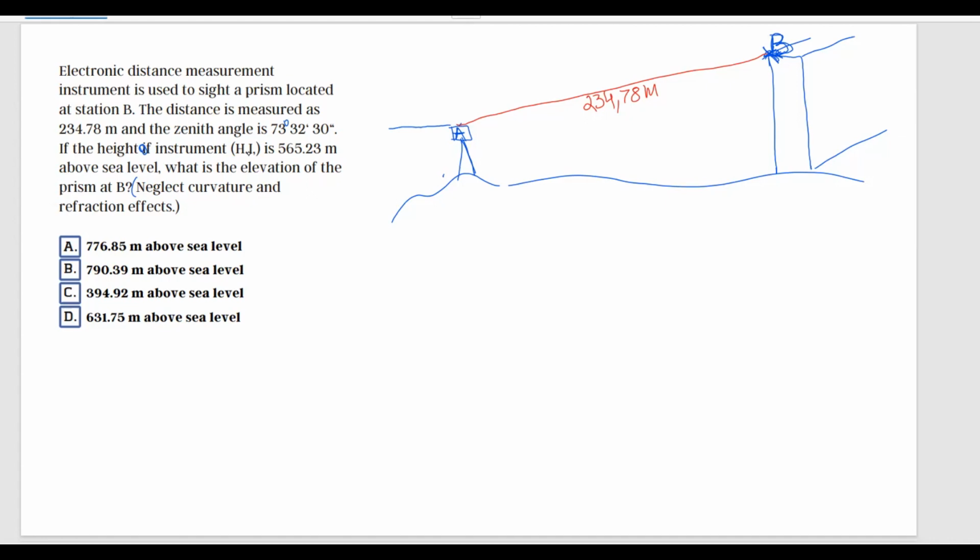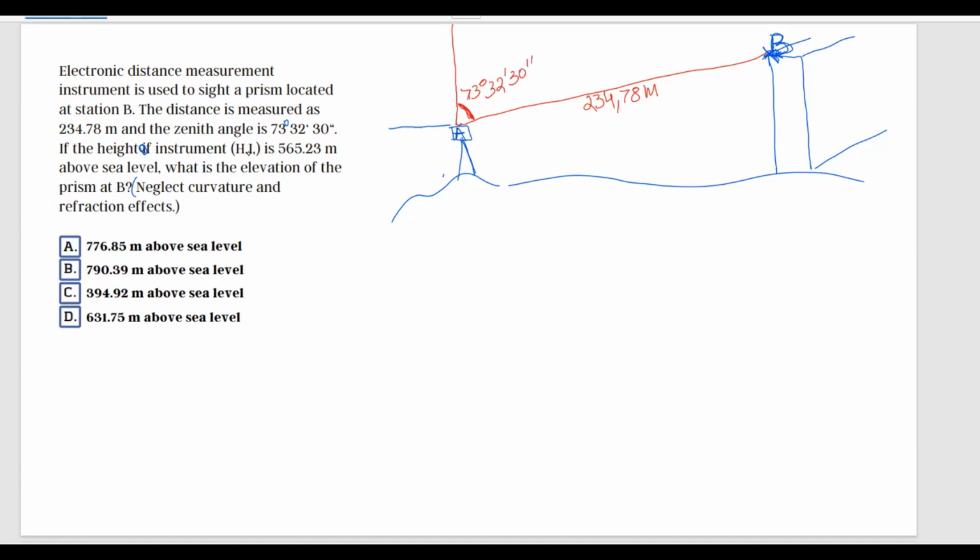And remember how zenith angle is a vertical angle. So the angle measured from the vertical line to our distance from A to B. And this angle is 73 degrees, 32 minutes, and 30 seconds.